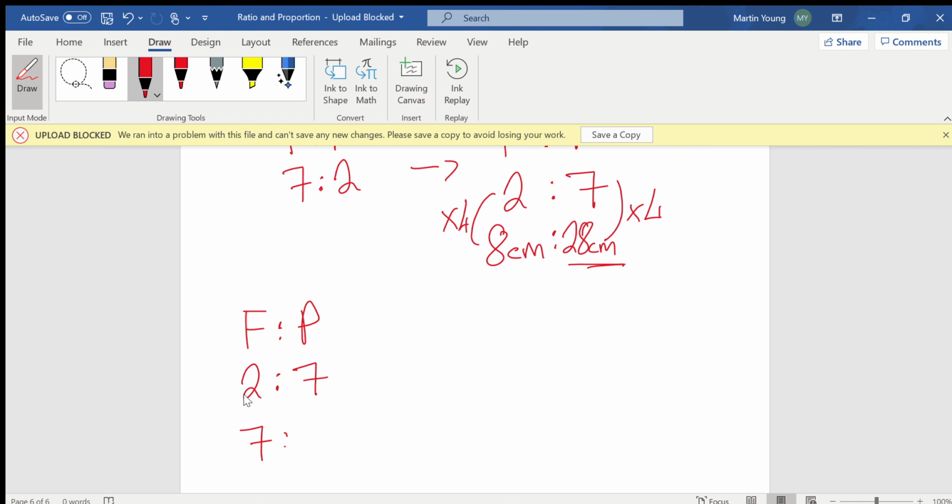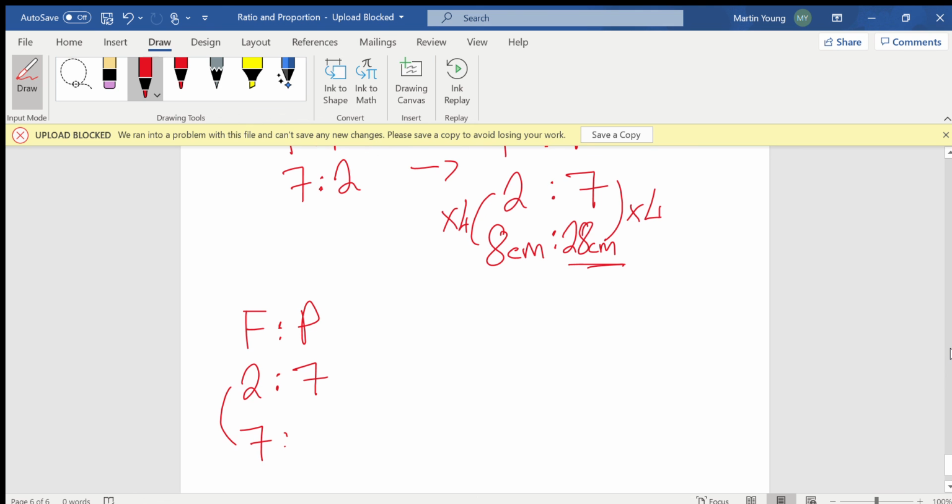So what have I multiplied 2 by to get to 7? I can tell it's 3.5, you double 3.5 and you get to 7. If you can't, what you could do is 7 divided by 2. You want to work out what this has been times by.